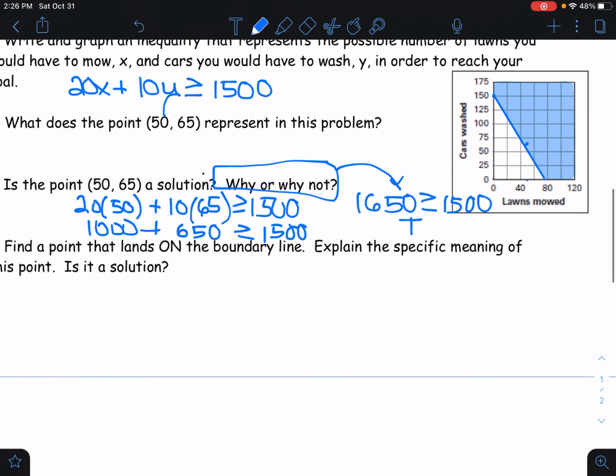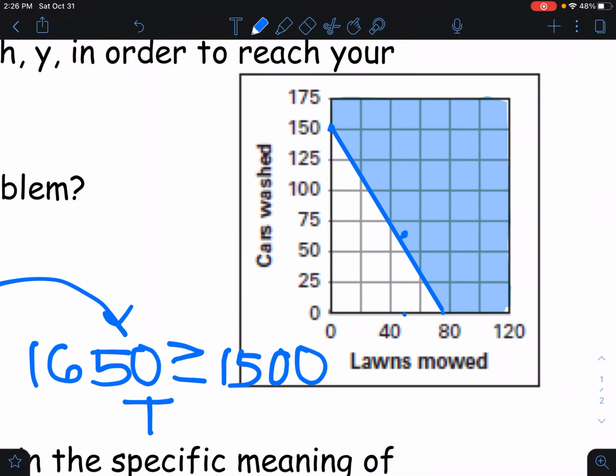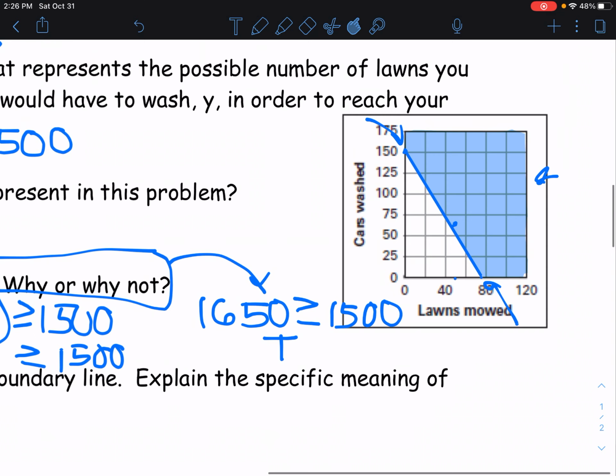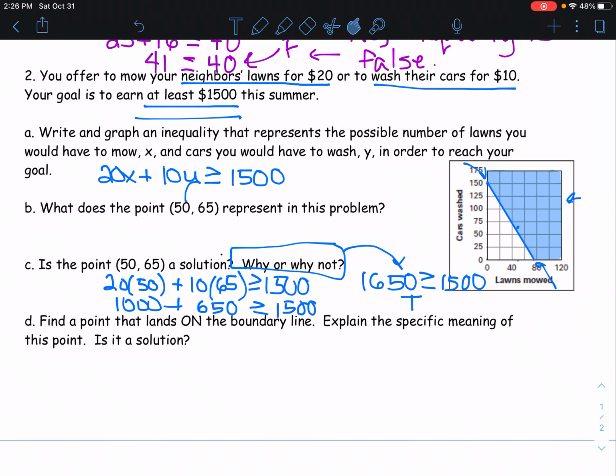Okay, so what they want is any point on our blue boundary line right here. Not in the shaded region, but on the boundary line. Okay, so you can pick any of the ones kind of in the middle there. That one will be a little trickier maybe to figure out, because you might have a hard time saying, well, is that really on the line or not? And you would have to plug into the inequality to be sure.